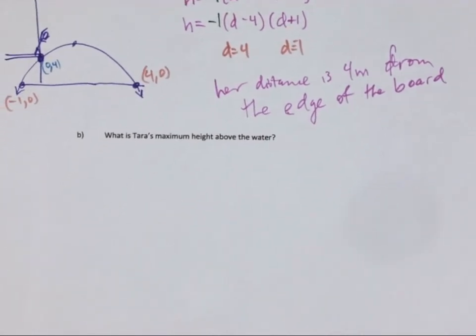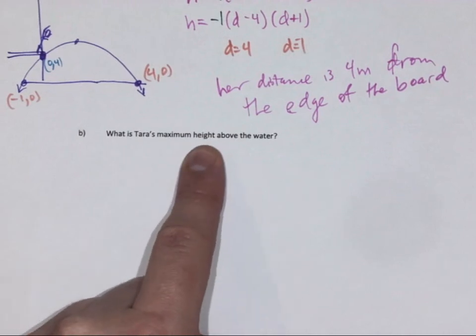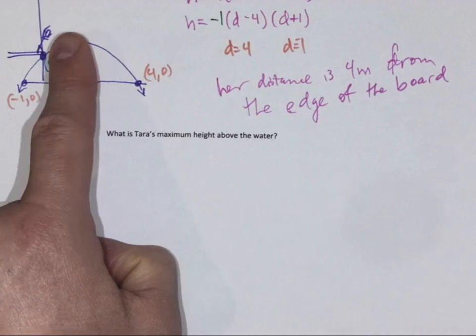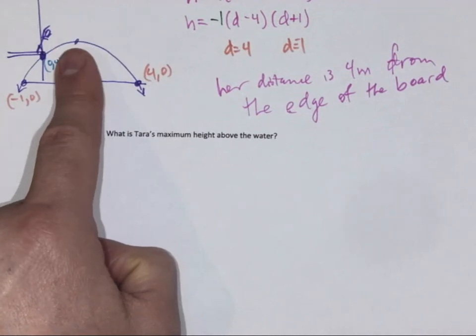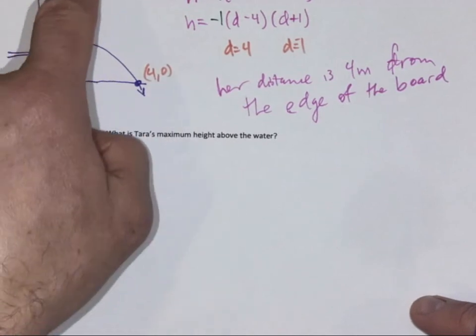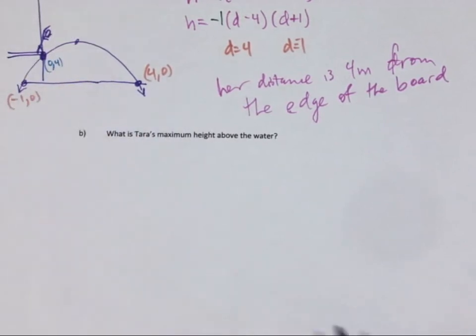If I now continue with that, I need to find her maximum height. Because this opens down, it has a maximum, and the maximum occurs at the vertex. So to find the vertex, I'm going to add both x-intercepts and divide by 2 to find my axis of symmetry.